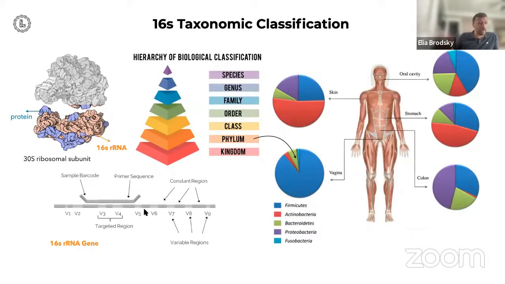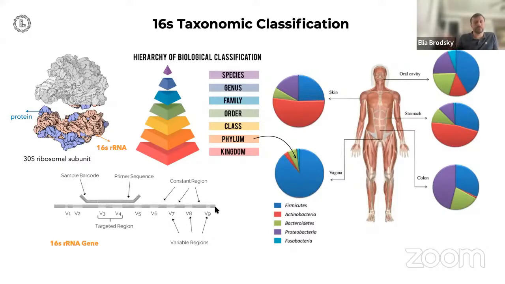To amplify, we extract the DNA from the microbiome, from the actual biological sample. And then we need to amplify some target region because we cannot sequence the full 1,500 base pair long sequence, not with Illumina sequencers at least, but other sequencers could do that.